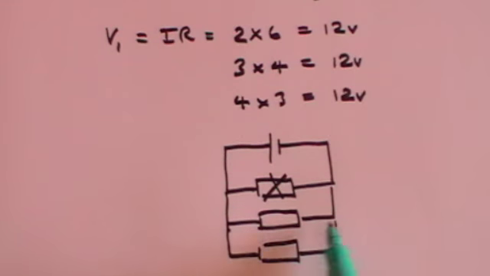But there's nothing to stop it flowing in this or this part. So when one item fails when you're in parallel, it doesn't mess up everything else. Unlike, remember, the Christmas tree lights in series, if one of them goes, they all go. In parallel, one of them goes, the rest stay on.